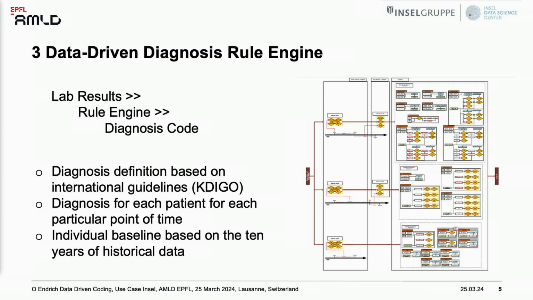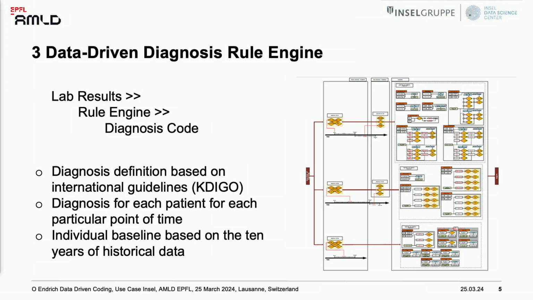So what we did, we started in 2018. We developed a data-driven diagnosis rule engine. It's actually SQL code ingesting lab results, putting them in this data pipeline, and assigning the stage.